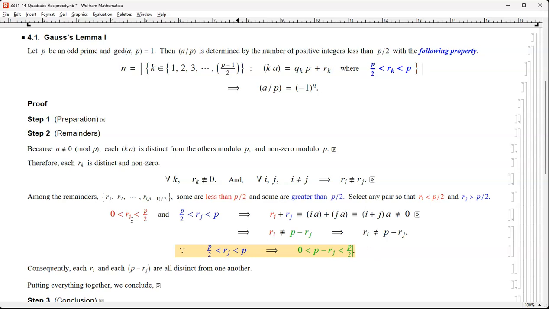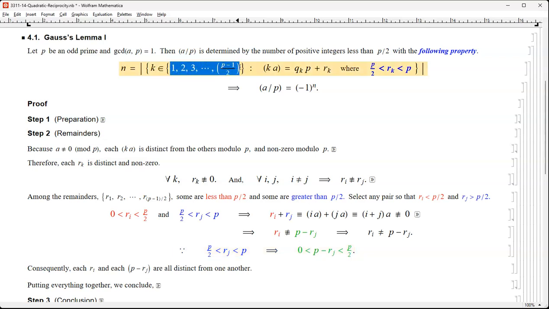All the R_i's are distinct from one another. All the R_j's are distinct from one another. Consequently, all the greens, p minus R_j's, are all distinct from one another. Not only those, even if you cross, R_i's and p minus R_j's are all distinct. They're all coming from 1 to (p minus 1) over 2.